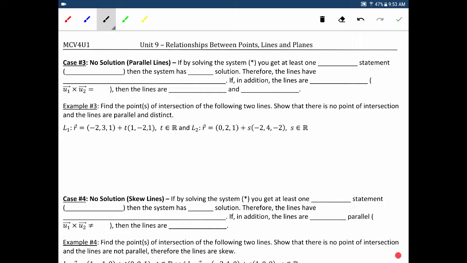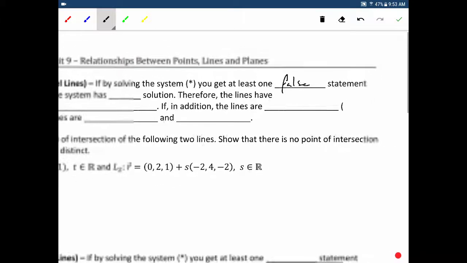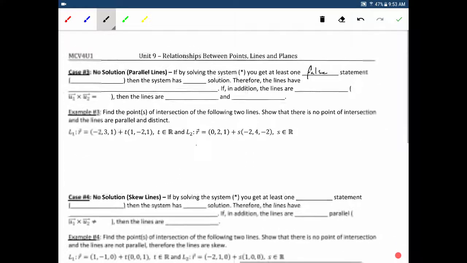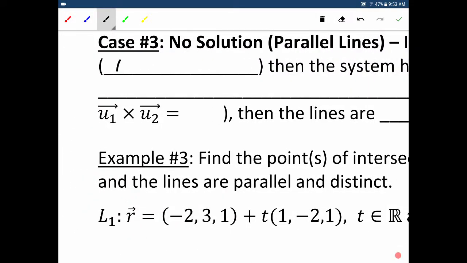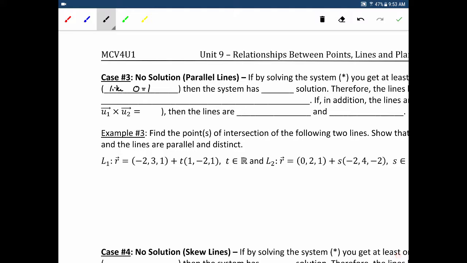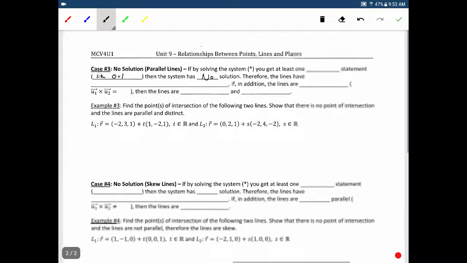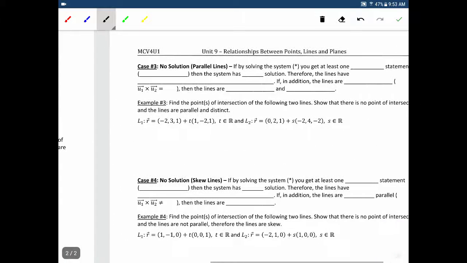All right, so if by solving the system you get at least one false statement, okay, so this would be something like if I have 0 equals 1. Well, 0 does not equal 1. That is false. Okay, then the system has no solution. Okay, therefore the lines have no point of intersection.